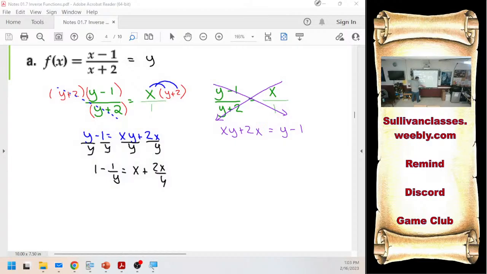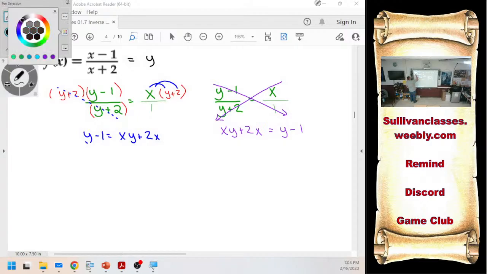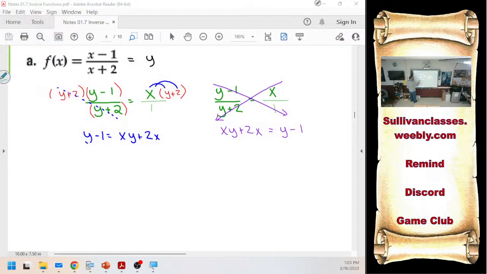So it's not a function. Oh no, it is. You want y's by themselves, right? Start by getting y's on one side. y minus xy is 2x plus 1.